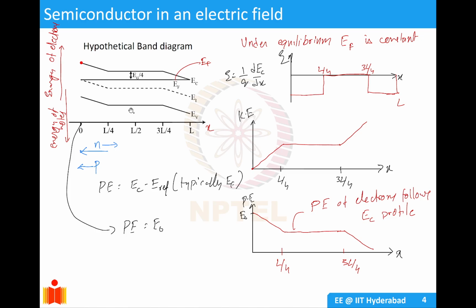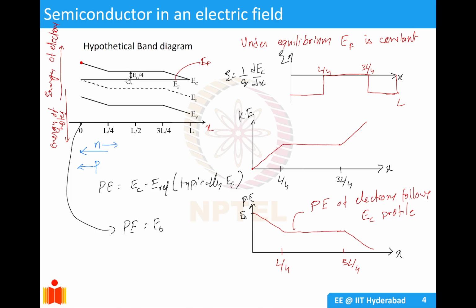So if you have to plot the electric field, how will you plot? You will just do del EC by del x. If you do del EC by del x here, you will get some negative value. So your electric field will be some negative value here.